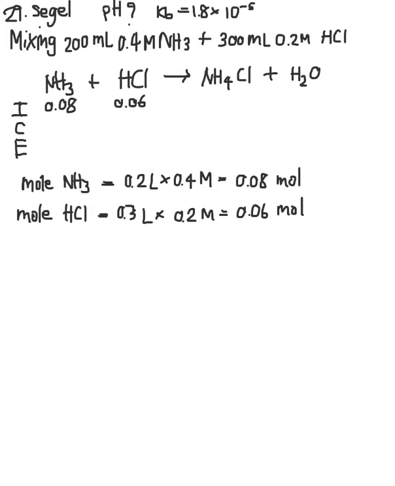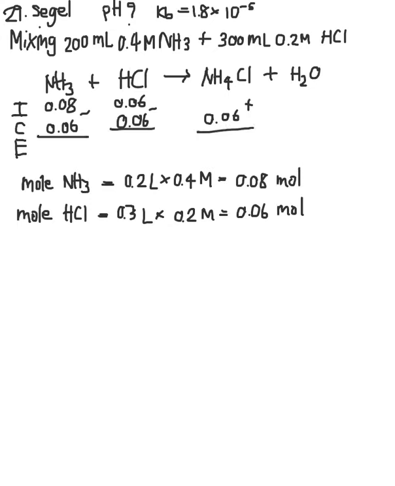So the change amount of hydrochloric acid, of course, needs to be 0.06 mole, and the change amount of ammonia is also 0.06 mole, because one equivalent of hydrochloric acid reacts with one equivalent of ammonia. And for ammonium chloride, you also create 0.06 moles.